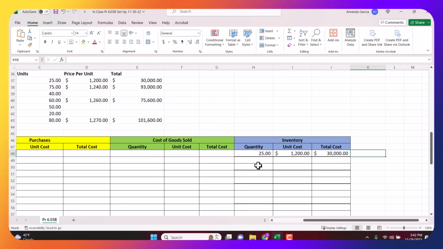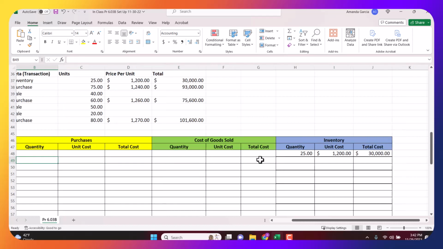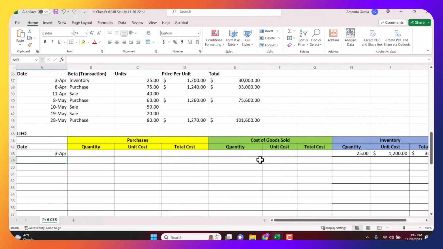So I still have the 30,000 in units. The next thing that happens is we're going to make a purchase. April 8th, we make a purchase of 75 units for $12.40 a unit, and my total cost is quantity times unit cost.